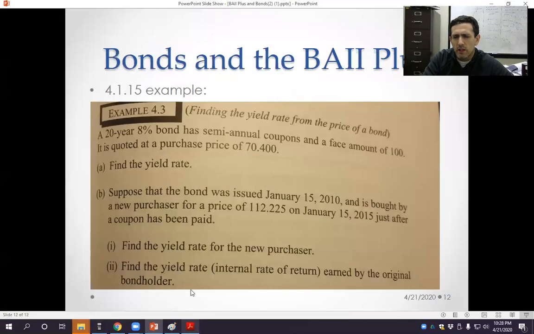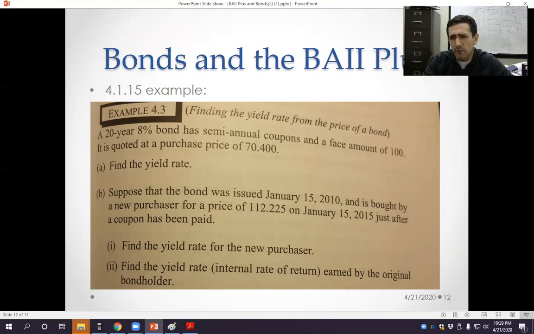Okay, so let's do B. And B is really what is similar to 4.1.15. So the bond was issued January 15th, 2010, and is bought by the new purchaser for a price of $1112.25 on January 15th, 2015, just after the last coupon has been paid, or rather the January 15th coupon has been paid.